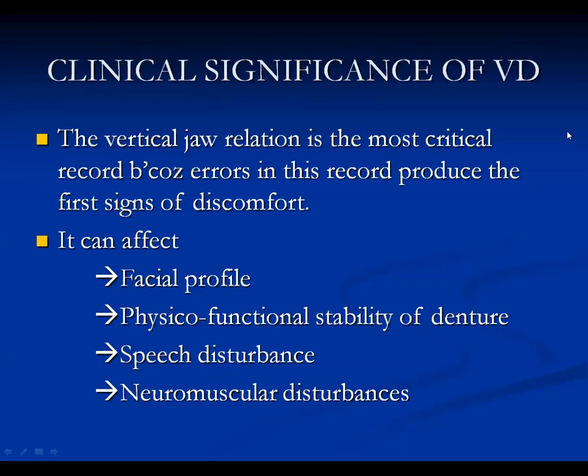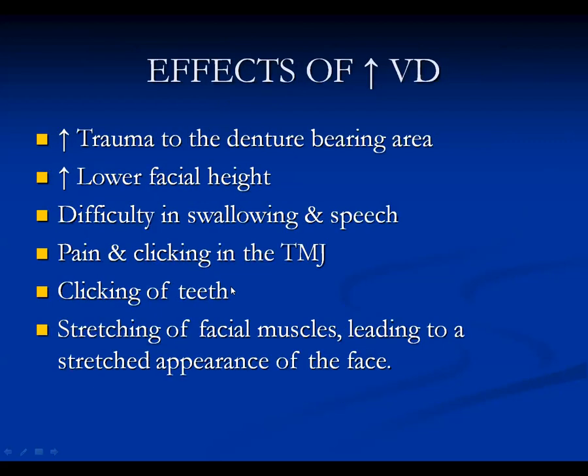The clinical significance of vertical dimension. The vertical jaw relation is the most critical record because errors in this record produce the first sign of discomfort. It can affect facial profile, the functional stability of your denture, speech, and neuromuscular disturbances. If I increase the vertical dimension, what happens?